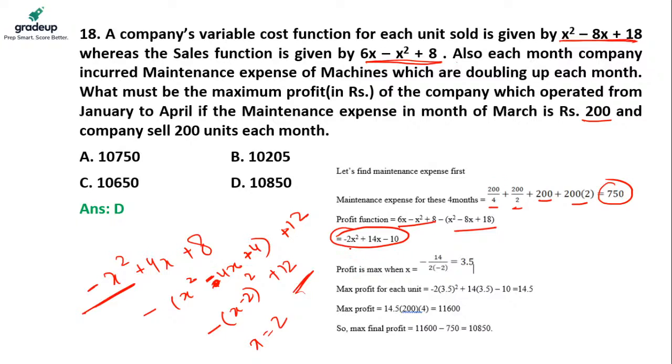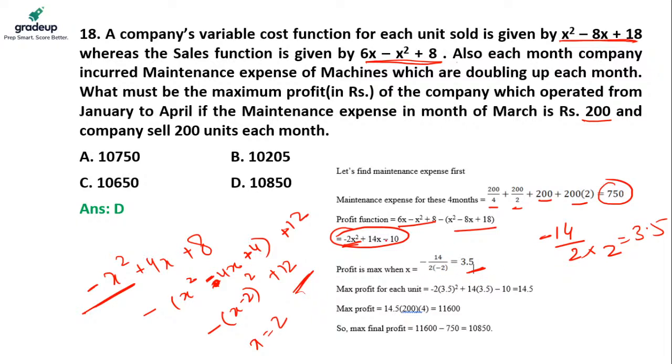Now herein my coefficient of x square is negative, so I will have a maximum value, and the maximum value will be at minus coefficient of x divided by 2 times the coefficient of x square, which is 2. So at 3.5, I will get the maximum value.